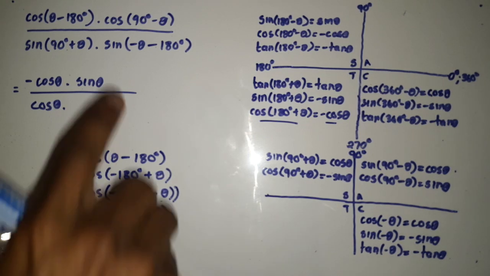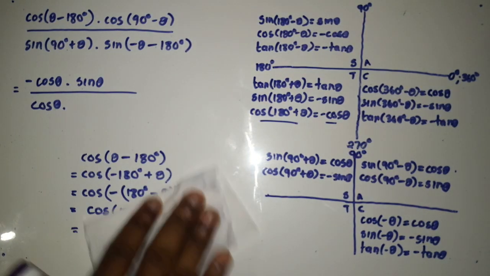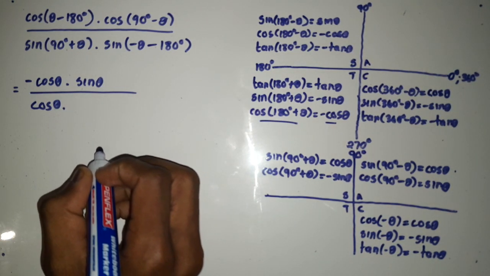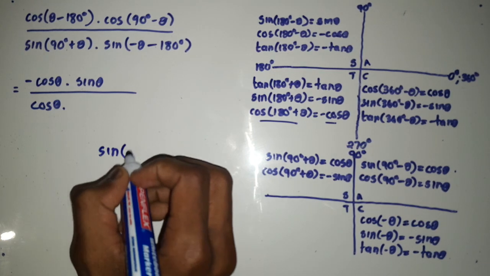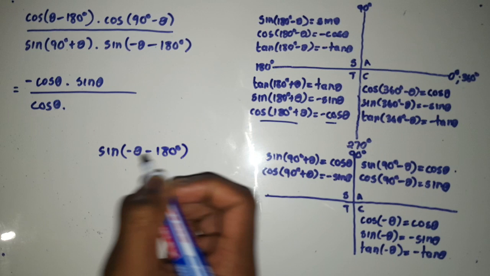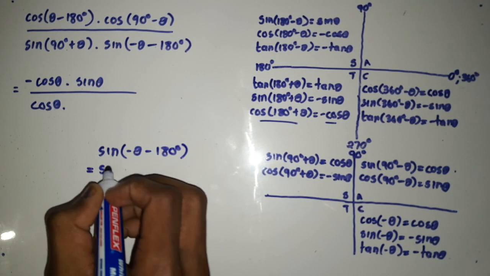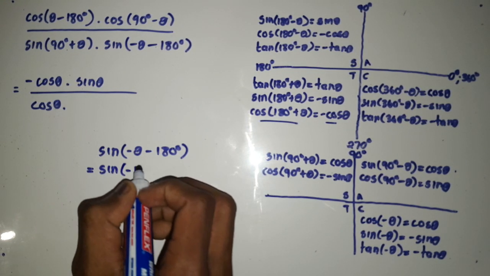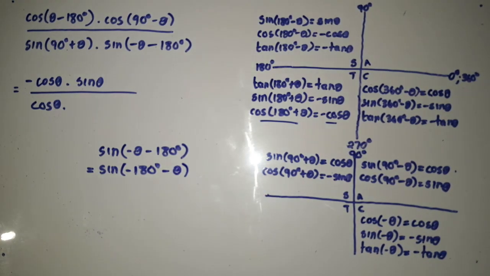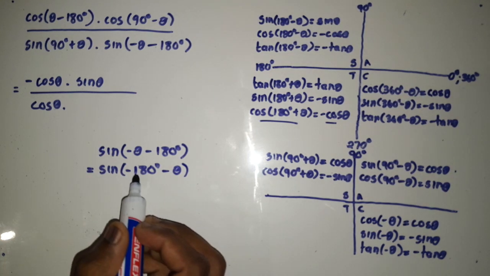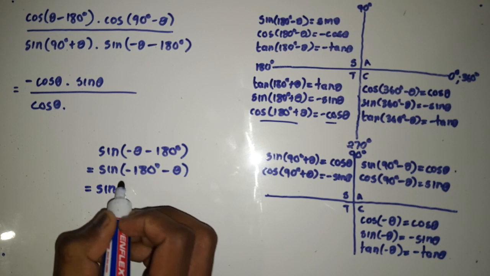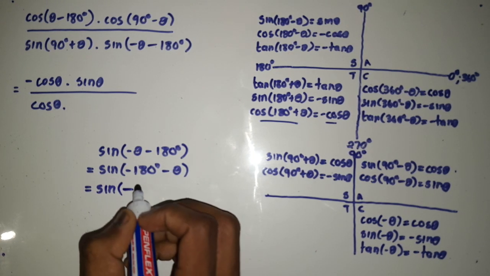Okay, we have another situation now of sine. Same applies. Let us try to work it out. It's like now we have sine(negative theta minus 180 degrees). Firstly, you resolve this into negative(180 plus theta). Do we have negative 180? No. We need to factor out that negative.